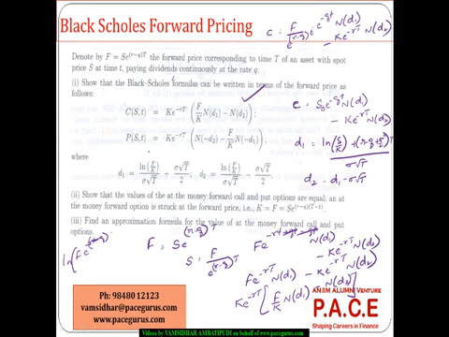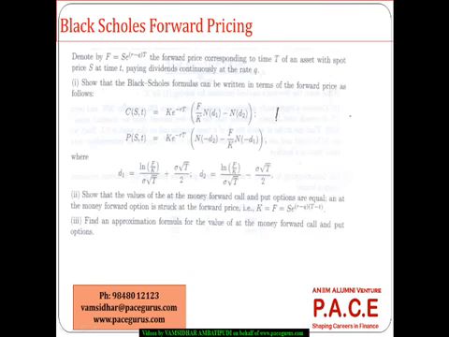Probably here log F, F is nothing but, sorry, log S naught. S naught is F e power minus (r minus q) times t divided by K.